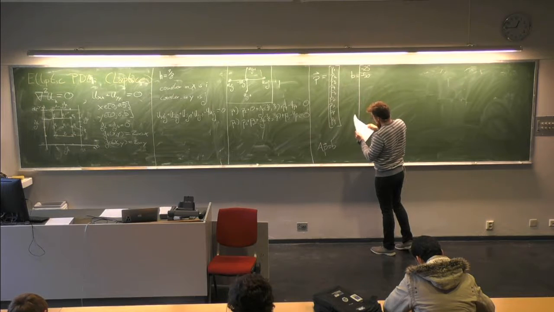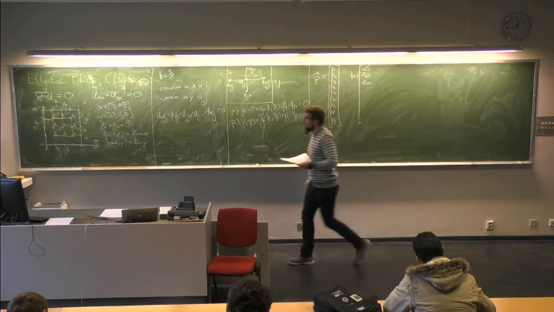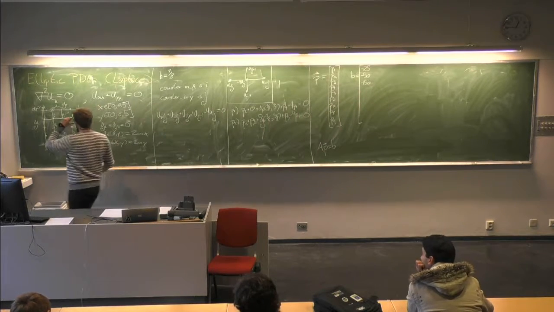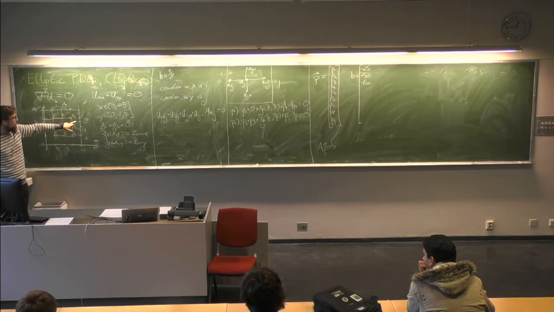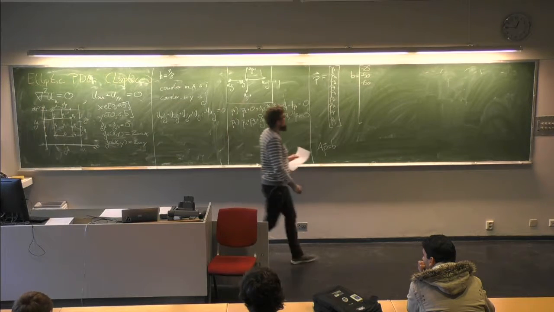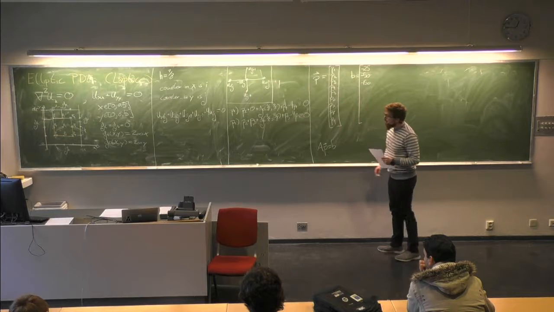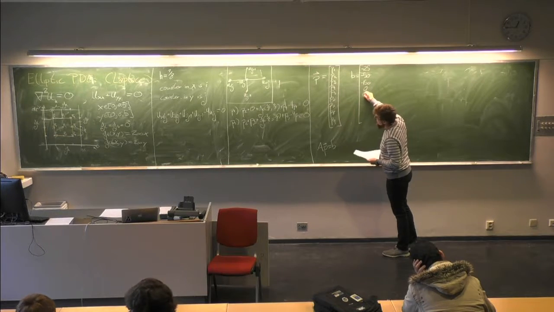Then for P3, the contribution from the top will be 75, and the contribution from this point will also be 75, minus 150. And then for the next ones, 0, 0.